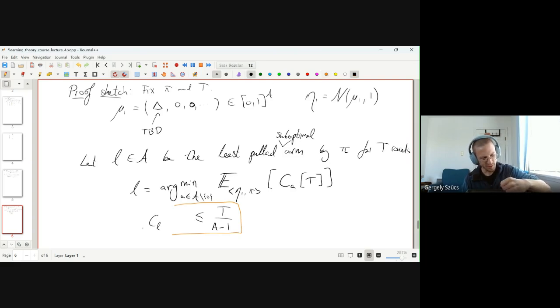The expected value under eta 1 pi of CL of T.